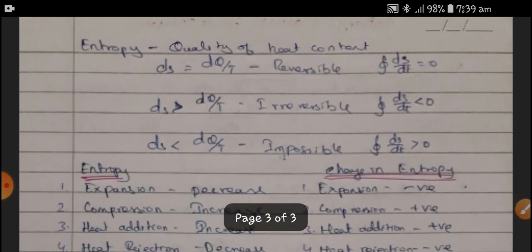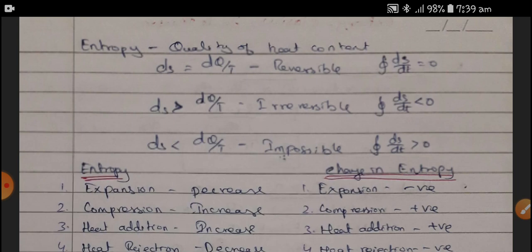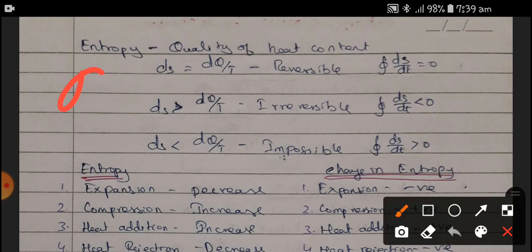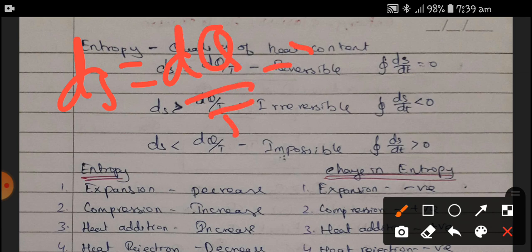Next, the entropy. We know that it is the quality of heat content, where ds is equal to dq by T. If ds is equal to dq by T, then it is a reversible process, where the cyclic integral of ds is equal to 0.